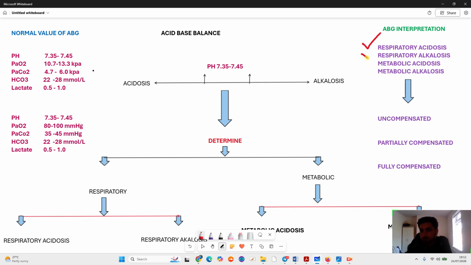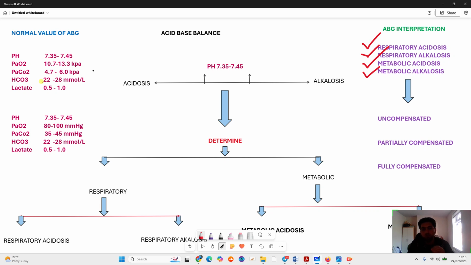Maybe the patient develops respiratory alkalosis. Maybe the patient has metabolic acidosis, and maybe the patient has metabolic alkalosis. So these four conditions happen in our body due to any abnormality in these parameters.